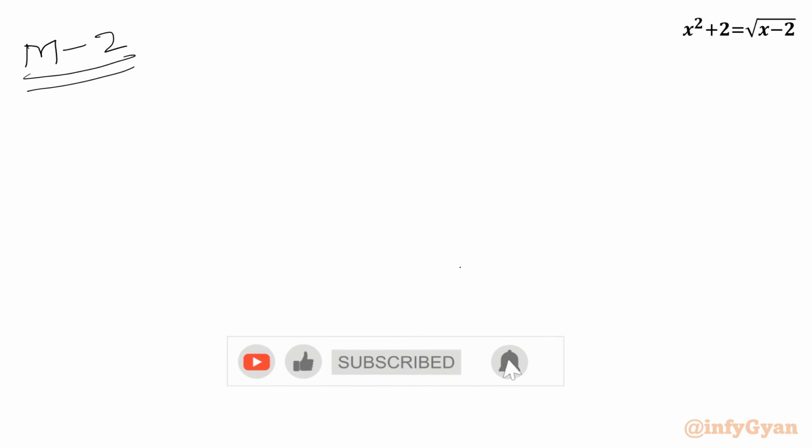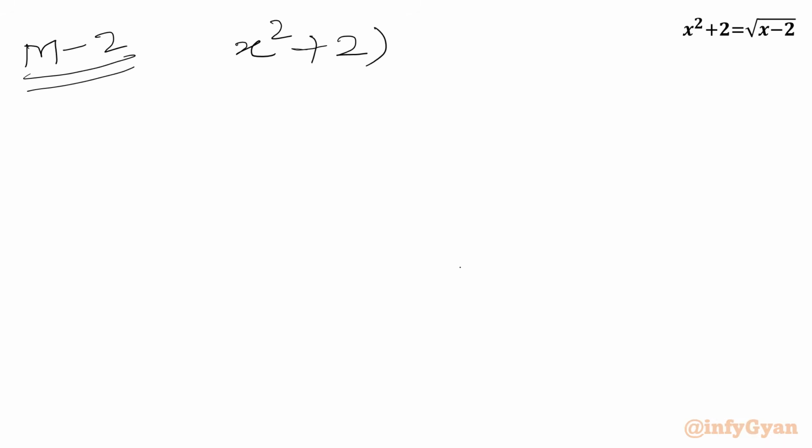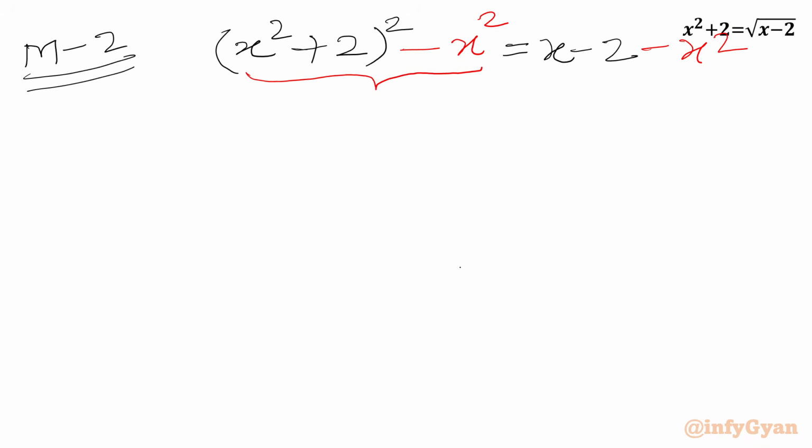Here we will square both sides. So we can write x square plus 2 whole square will be equal to x minus 2 after squaring both sides. Now we are going to subtract x square from both the sides. Now we can use the a square minus b square identity in the left hand side.